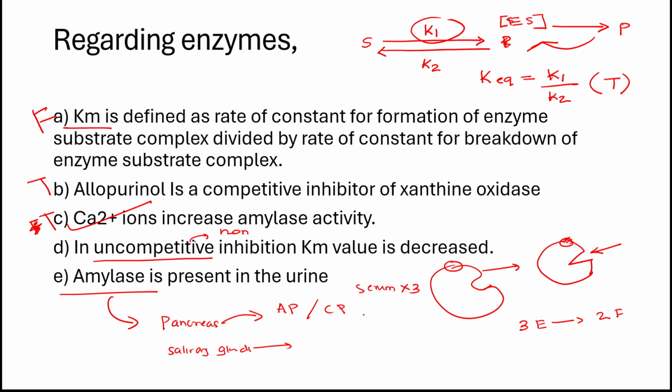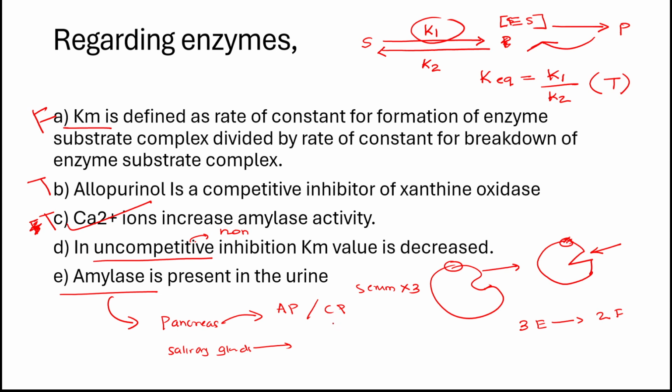But in chronic pancreatitis, it is elevated, but not as much as in acute pancreatitis. Let's assume acute pancreatitis has something around 700 international units, but in chronic pancreatitis, it is more or less like 200, the normal level being 100. So I'm just giving a rough value. It's not something to memorize, but this is what happens.